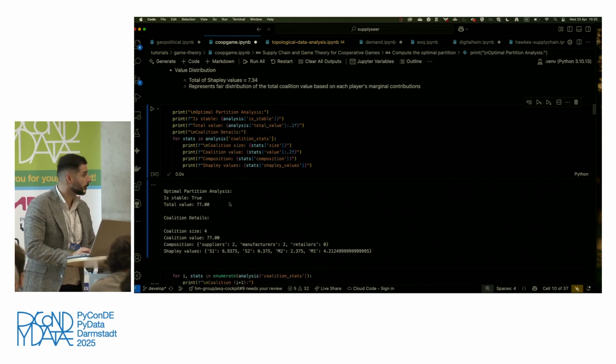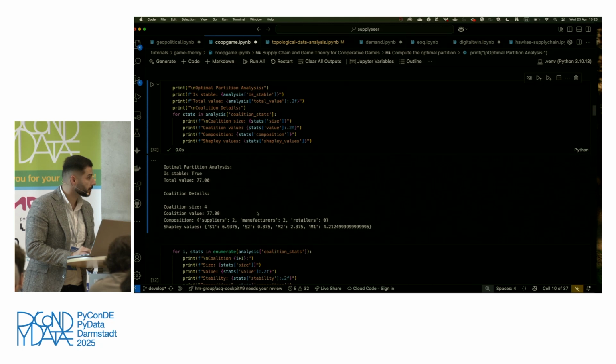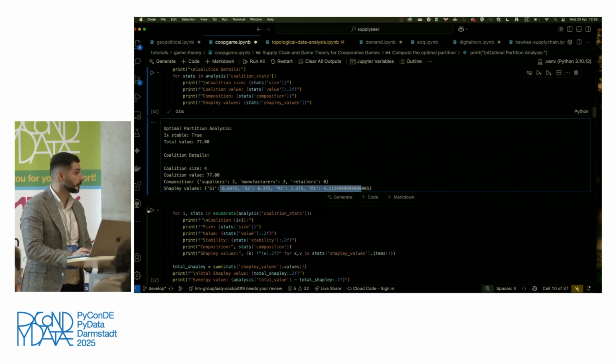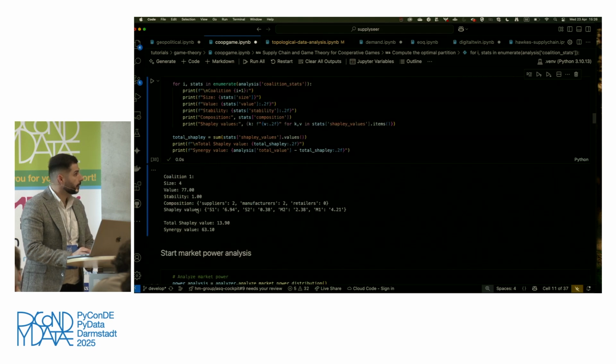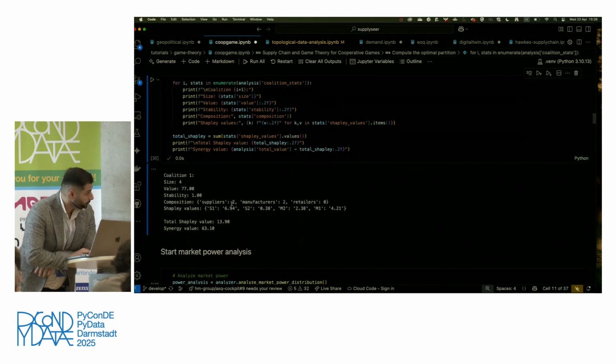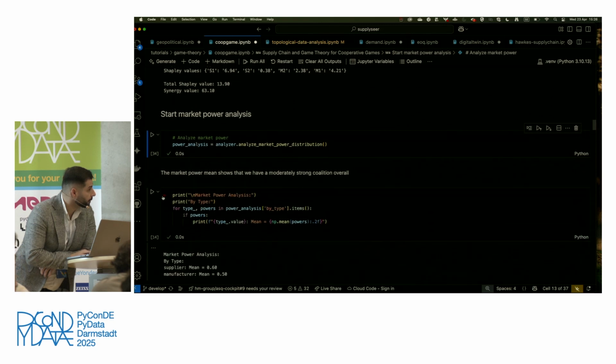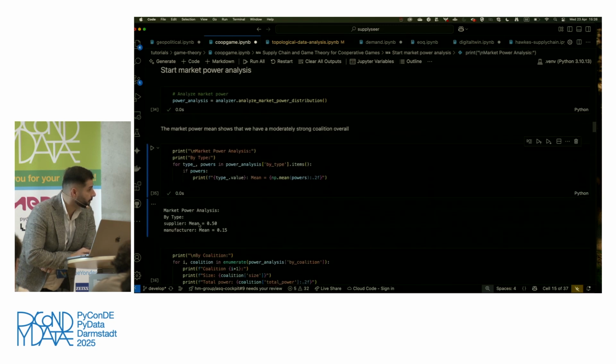As a large coalition, supplier 1 has most of the power. We haven't started splitting them yet. So this should actually also give us a stable one.